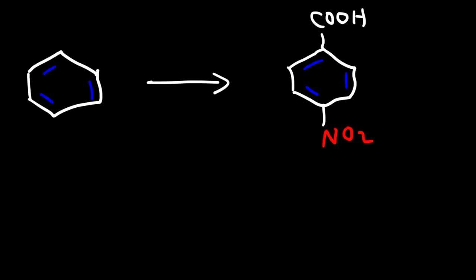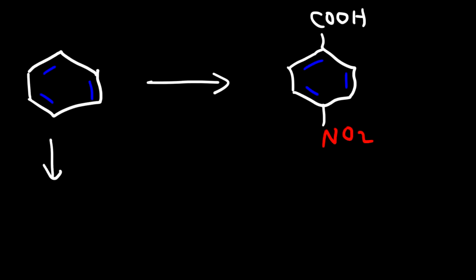So when you get a situation like this, you need to look for the intermediate. There must be an intermediate that is an ortho-para director. And if you recall, earlier in this video, we talked about how to synthesize a benzoic acid. First, we need to add an alkyl group and then oxidize it to a carboxylic acid. Now, the alkyl group is an ortho-para director.